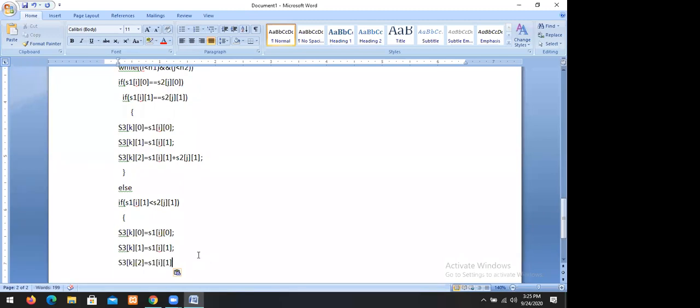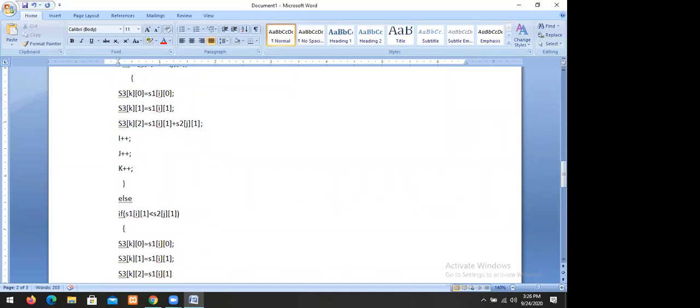After that we have to increment the three counters: i plus plus, j plus plus, k plus plus.